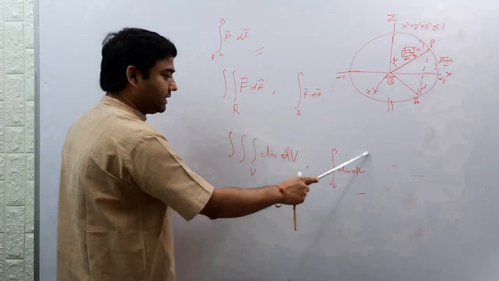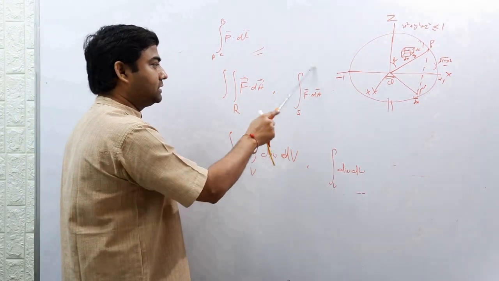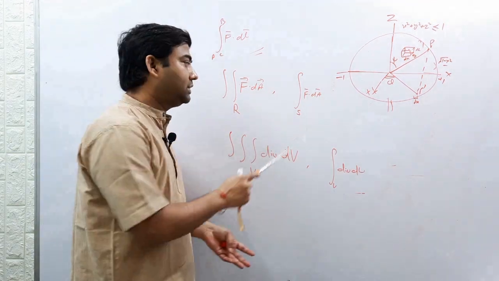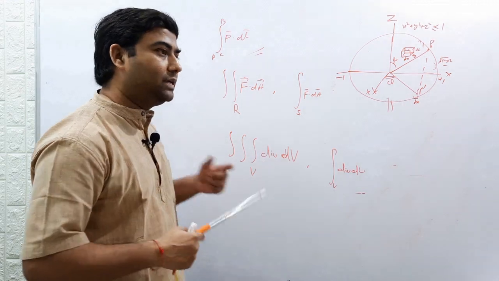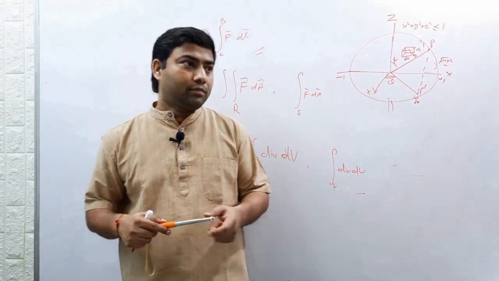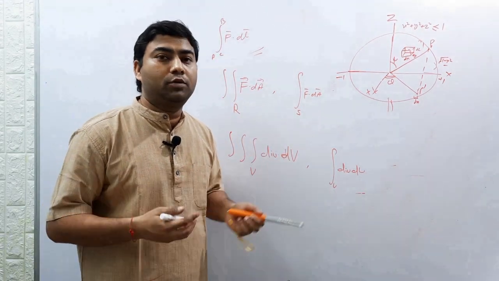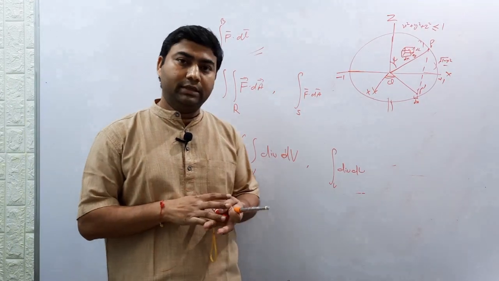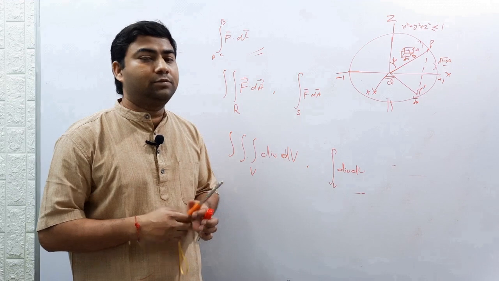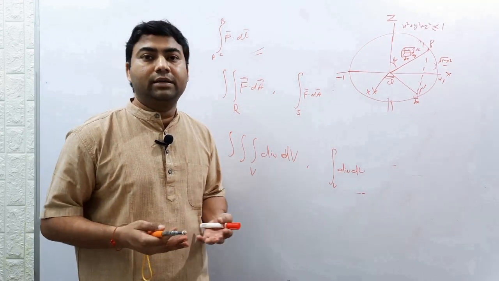But you can write divergence and surface integration with single integration terminology also, and you can find them with single integration also. So we have tried to explain here not to think that surface and divergence are exclusive properties of double and triple integration. They have nothing to do with the type of integration. They are just properties, and you can find them with the help of any mathematical method.